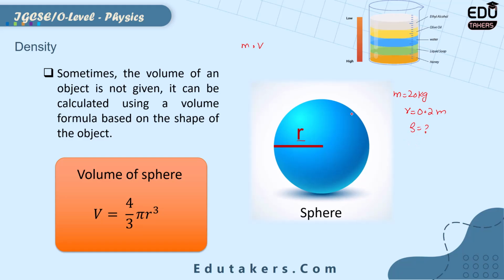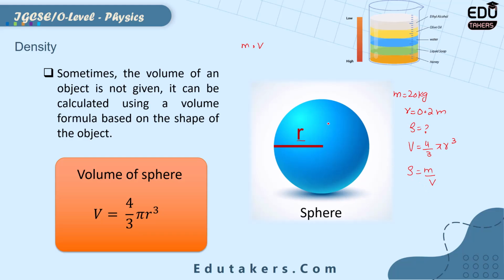For that, you simply need to know the formula that is used to find out the volume of the sphere. The volume of the sphere is equal to 4 over 3 pi r cube, where r is the radius. So put your value for the radius, you calculate the volume and then use this volume to find out the density by using density is equal to mass per unit volume.